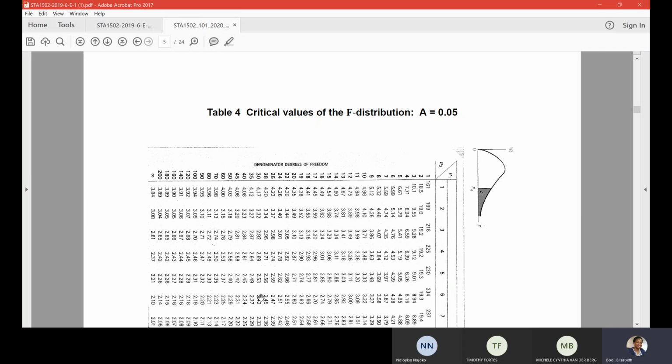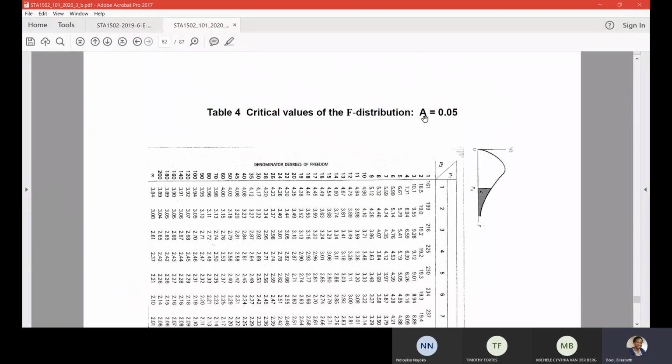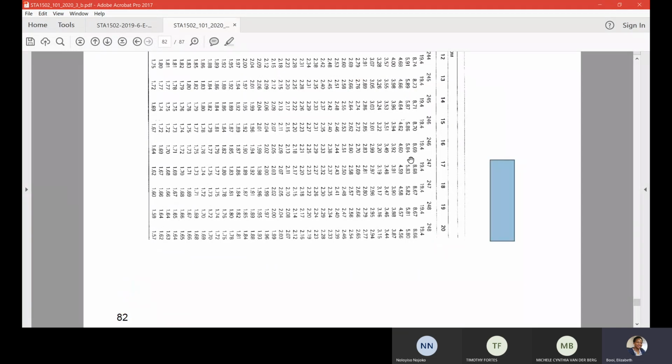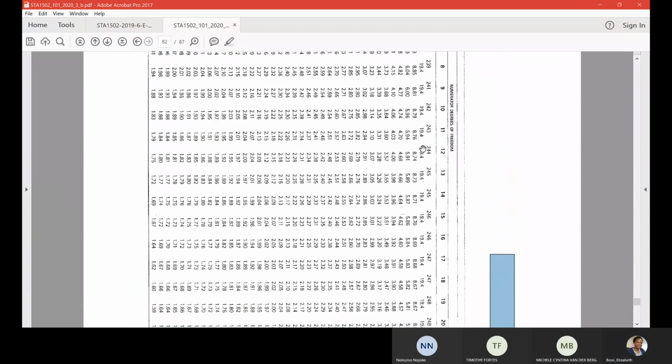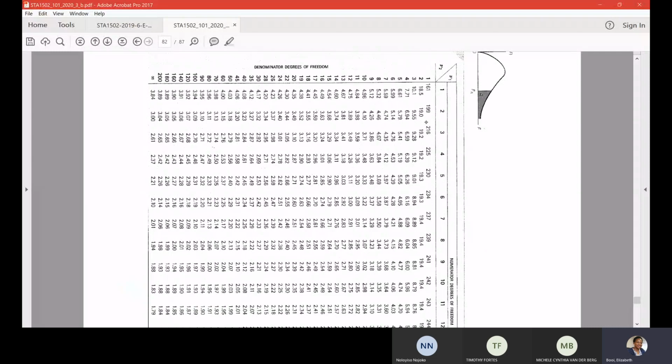They gave a 5% level of significance, so that will be your alpha of 0.05, and you will use this table. At the top, you will find your degrees of freedom for 1, which was 9.